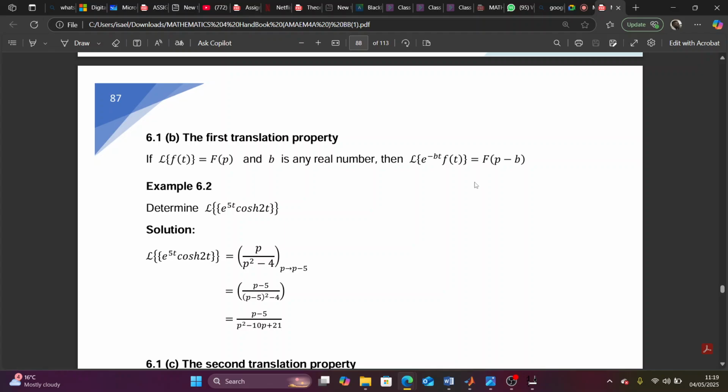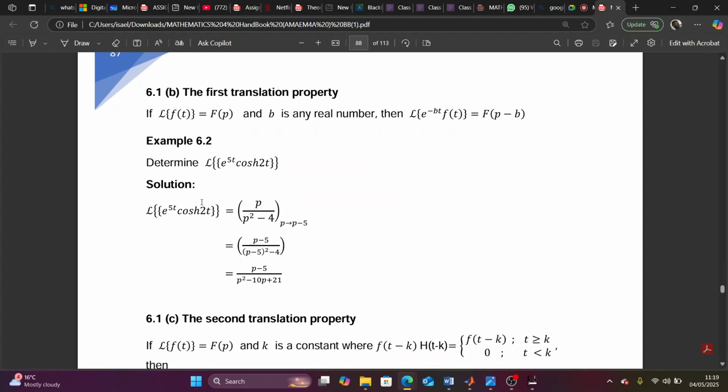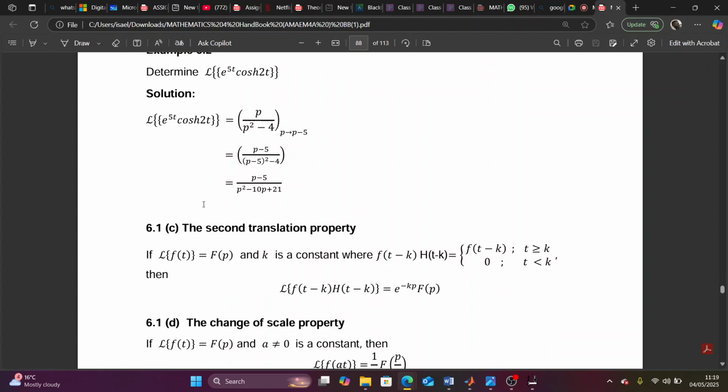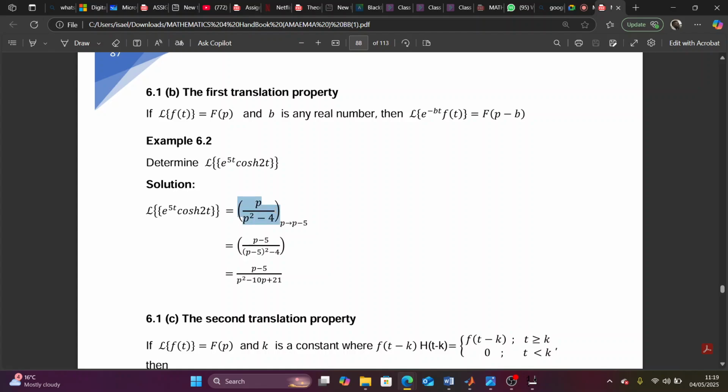Mr. Trinichi, there is a formula for this one, for e and cosh, but there's also a way of doing it. I don't think this is necessary, doing it like this. Do you know why I'm saying that?